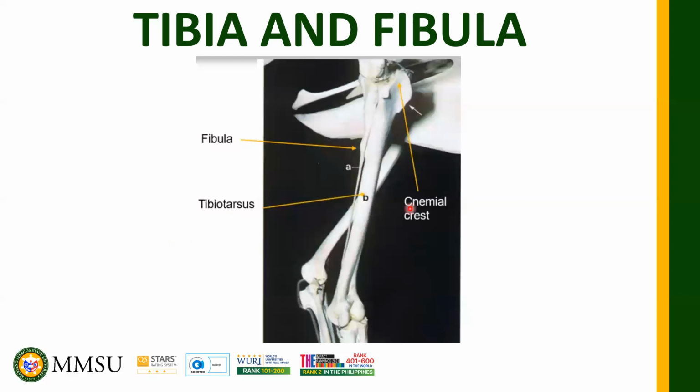The bone itself is usually characterized by a proximal bony projection named the cnemial crest. This cnemial crest is for the attachment of the main extensor muscles of the knee joint. So unlike other long bones of birds, the femur and the tibiotarsus are usually good sources of bone marrow.